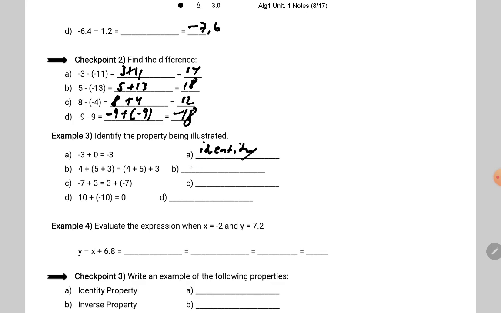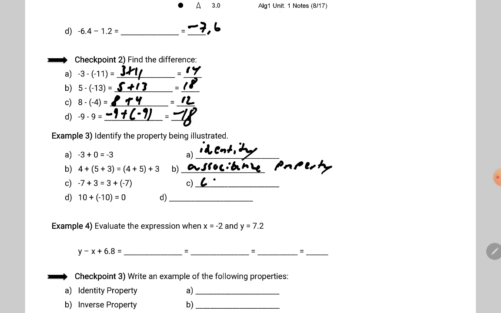Okay, this one, if you just go based on looks, this is the associative property. What that says is if I'm adding 3 numbers, I can add these 2 first, so 5 plus 3, or I can add 4 plus 5 together first. Doesn't matter.